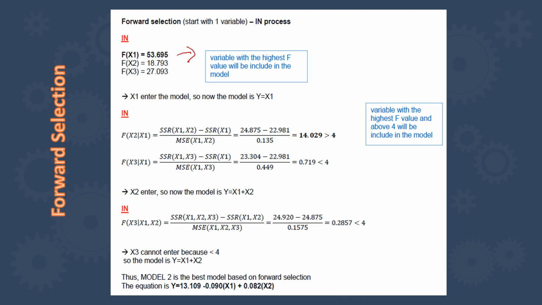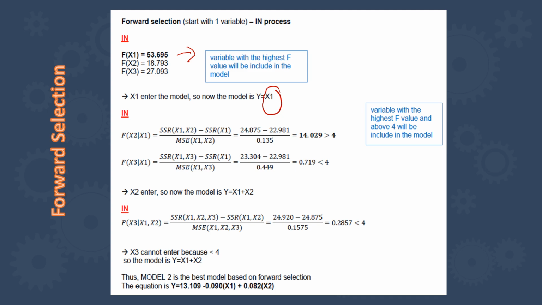So this means that the variable with the highest F value will be included in the model at the first step. So we have x1 to be added into the model, and now our model contains only x1. For the next step, we want to determine which variable to add.